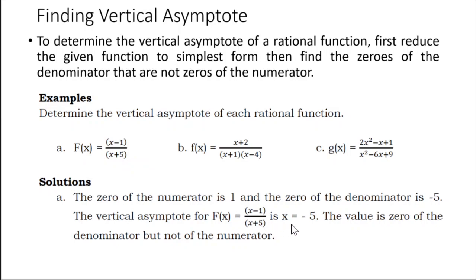Then the value of x is equal to negative 5. So the value is 0 for the denominator but not for the numerator. If we substitute negative 5 into the numerator, it will not become 0, but for the denominator, it will become 0. So the vertical asymptote of the function for problem A is x equal to negative 5.